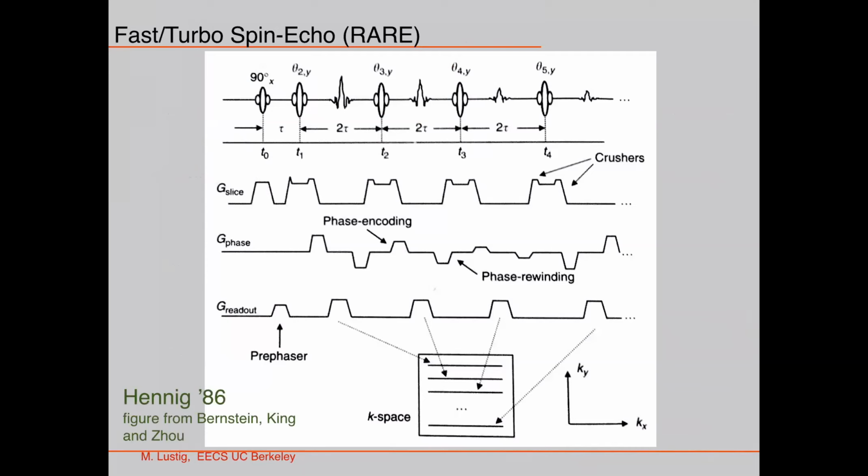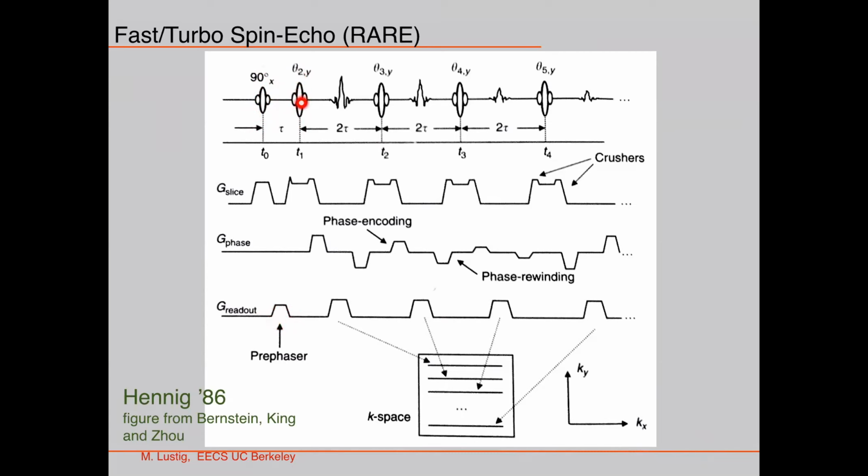That's by Jürgen Hennig, one of the tallest people I've ever seen in MR. Phenomenal, unbelievably sharp person. I mean, this is a legend in the field. And he basically created this sequence where you apply a 90x, and then you do a 180 refocus. Before the 180 refocus, you do some pre-phaser, right?